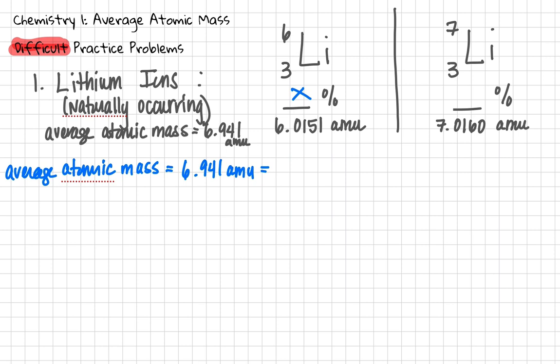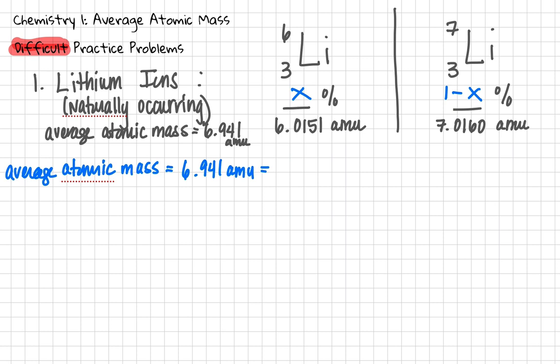And for the other one, I know that the isotopes have to sum up to 100%. If I have an X percentage here, I know the other one has to be 1 minus X because they have to equal 100%.